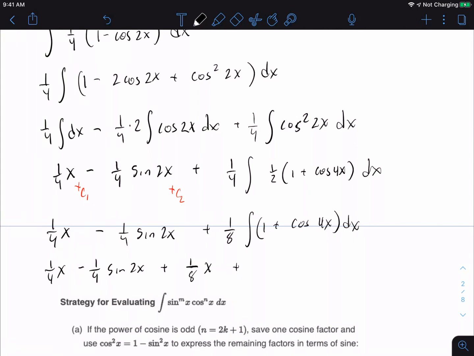How do I want to show this to you guys so you guys can see this. I want to be careful. That's good. I'm going to get sine of 4x, and then in front of it I should get, looks like I'm getting 1/32. I think that's wrong.